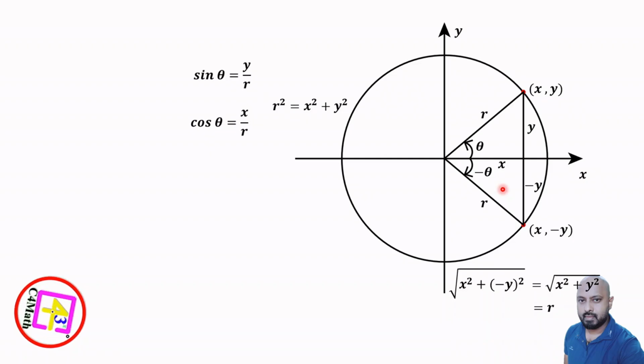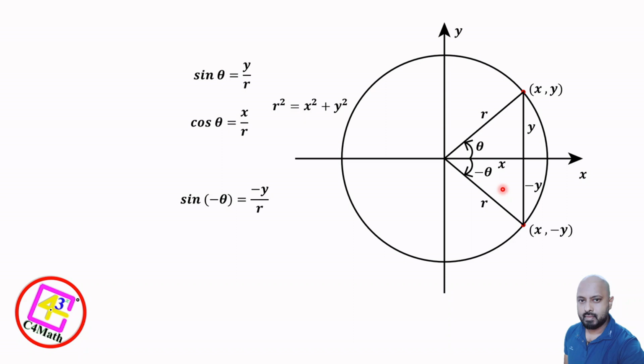First, sine negative theta is equal to the opposite side, negative y, over the hypotenuse, r, that is negative y over r. We know y over r is sine theta, so instead of y over r we can write sine theta, that is negative sine theta. That means we got one relation: sine negative theta is equal to negative sine theta. That is the first relation.